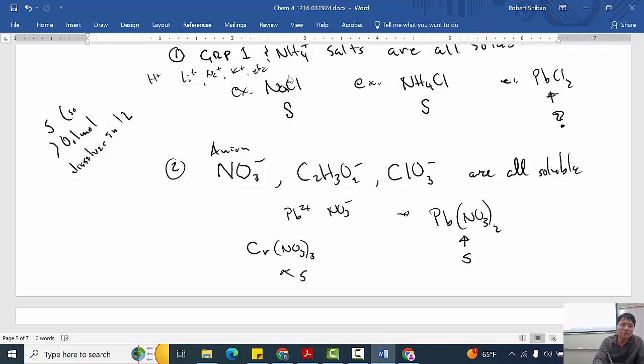This is soluble. SS stands for slightly soluble. Slightly soluble means it's borderline, so about 0.1 moles dissolves in a liter.